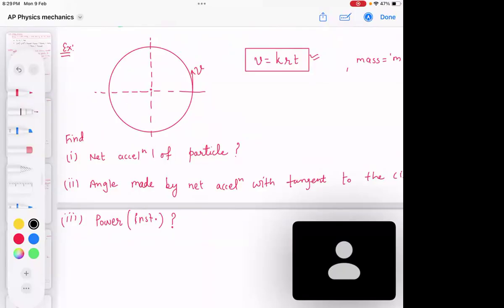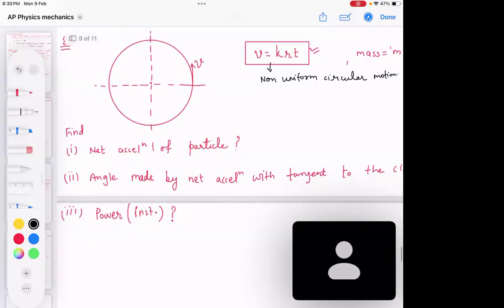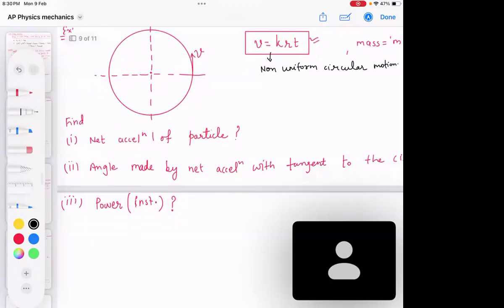If it is a non-uniform circular motion, which is the case here, because if you look at the particle velocity, even the magnitude is changing with time, not only direction. So here we will have both kinds of acceleration. Let's calculate both of them.